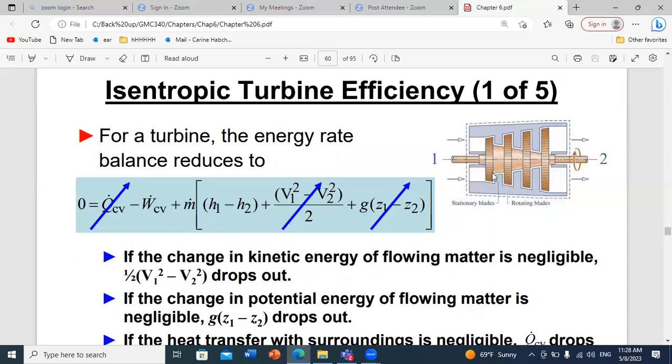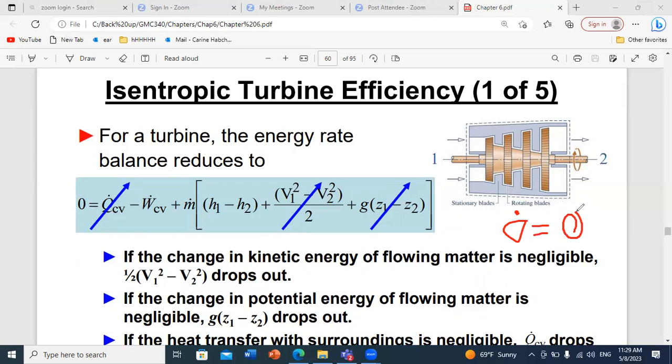The best performance, let's say, of a turbine is to deliver work without having production of entropy in it. We should have a reversible process. When we have a reversible process, what will happen? Sigma dot is 0 in a reversible process. And in this way, we'll see that we save energy.